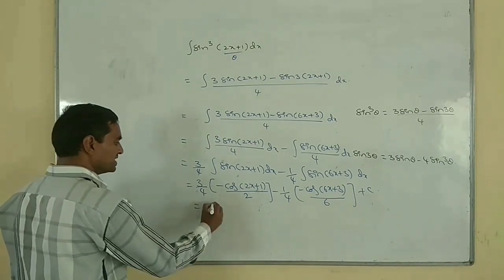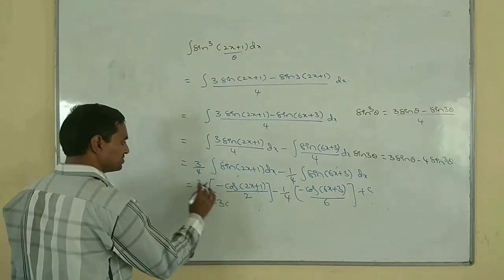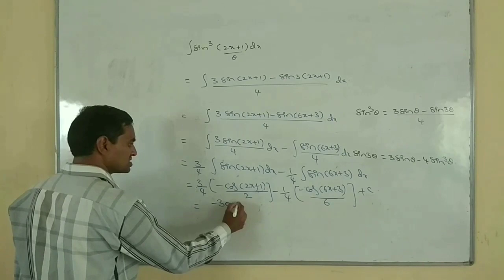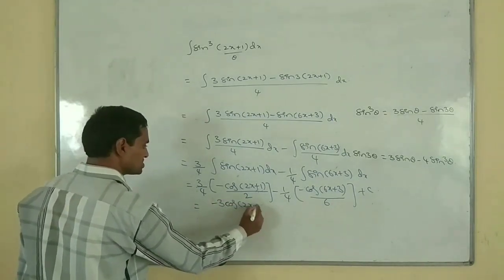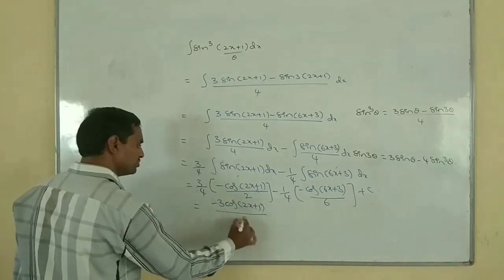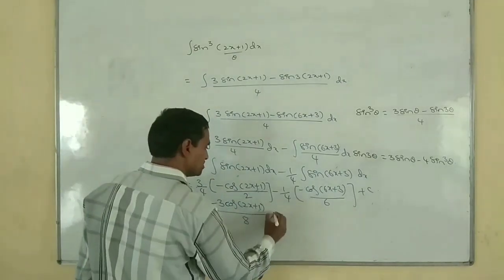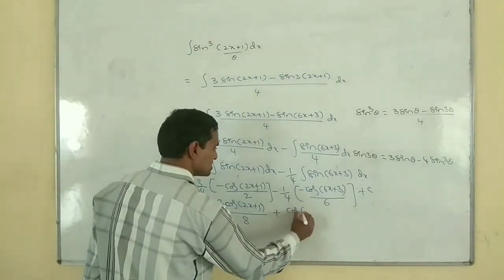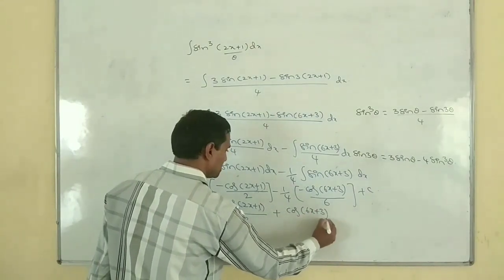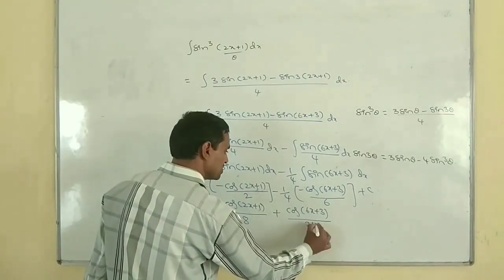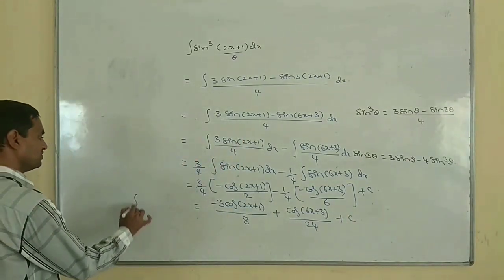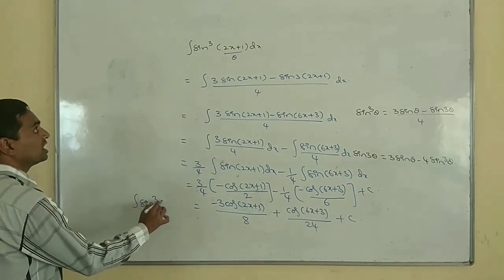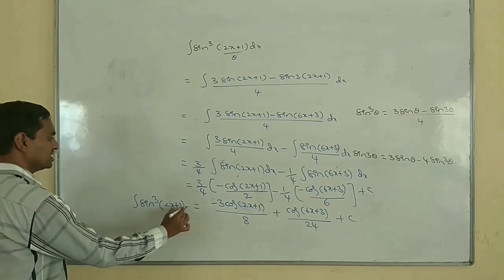Now minus 3 into minus 3 cos of (2x plus 1) divided by 2 into 4, 8; minus into minus plus cos of (6x plus 3) divided by 4 into 6, 24, plus 3. This is the integration of sin cube of (2x plus 1) dx.